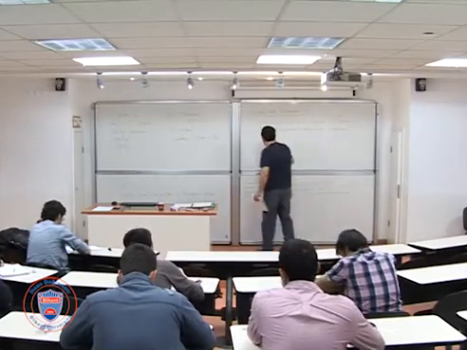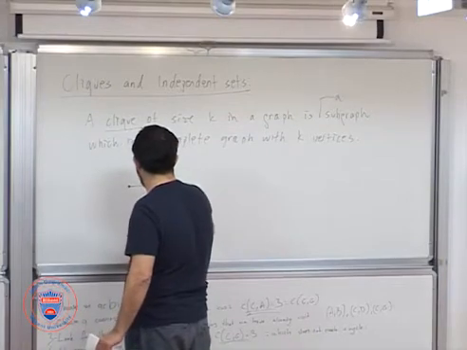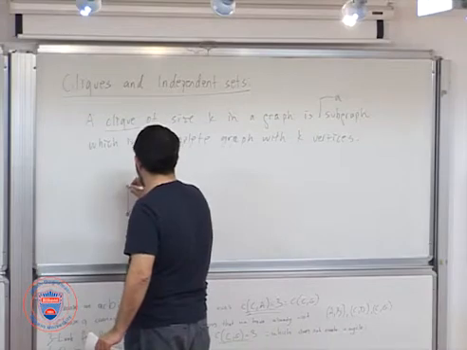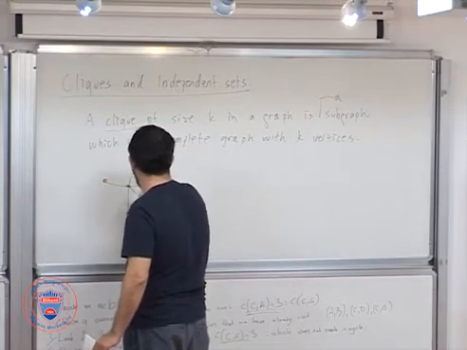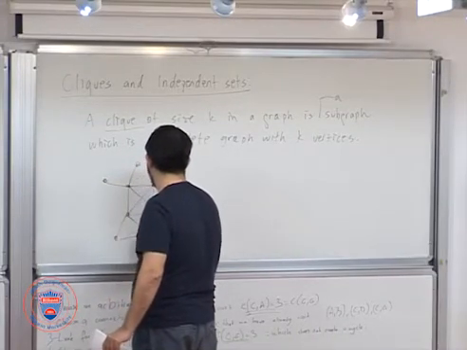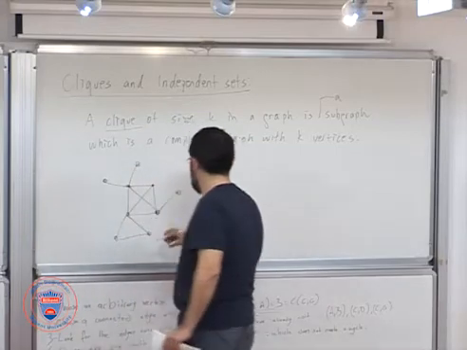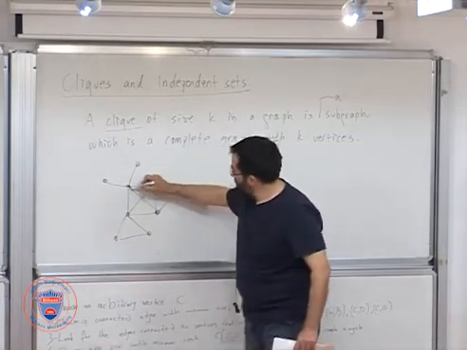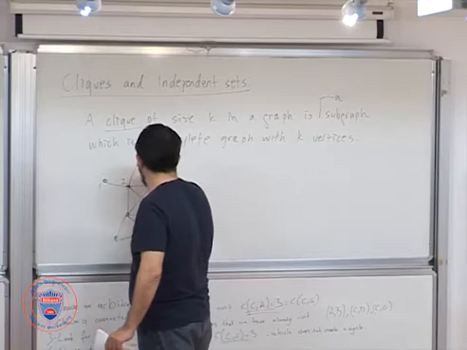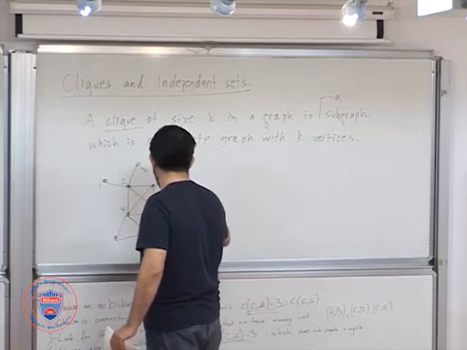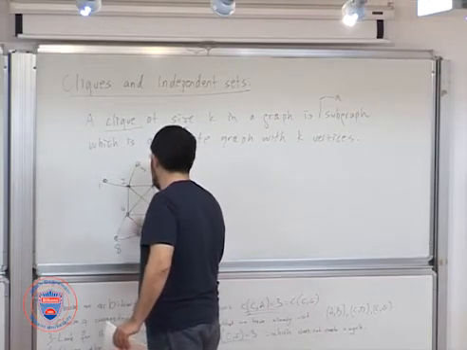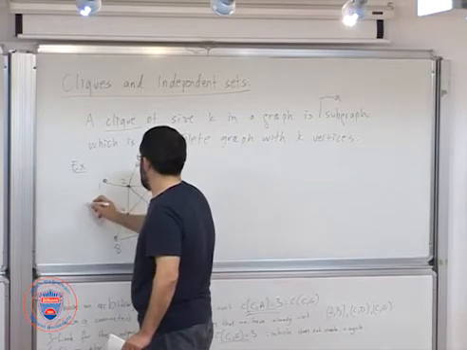A clique of size 4 is something like this. So you're looking if you can find such things inside a bigger graph that you have. So for example, this graph with vertices 1, 2, 3, 4, 5, 6, 7, 8, 9 is an example of a graph.